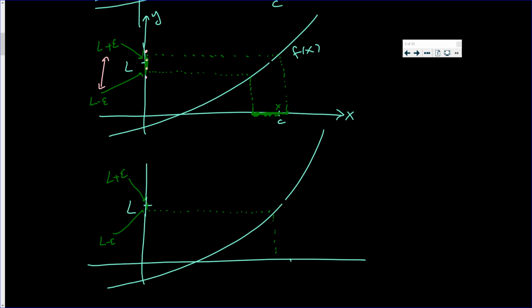And we have the y-axis and the x-axis, and L plus epsilon. It's getting tighter, that neighborhood.